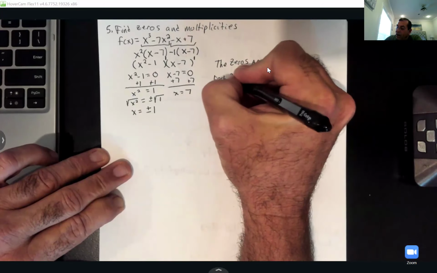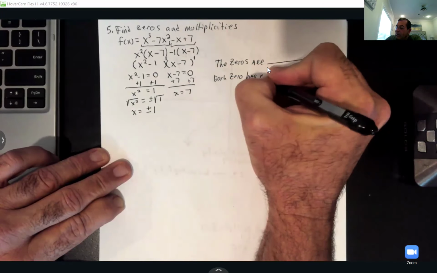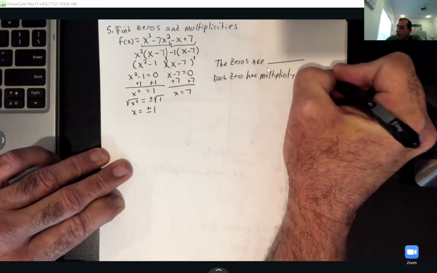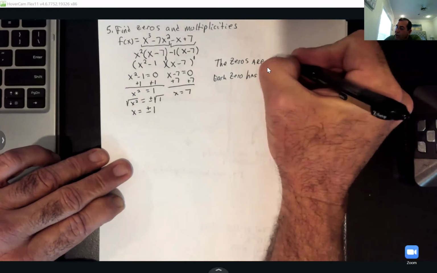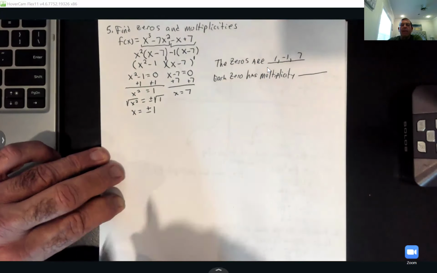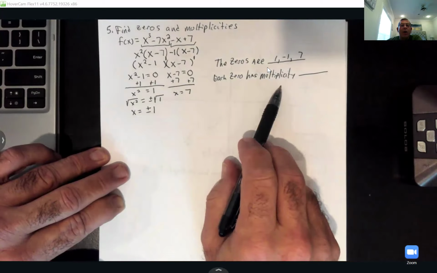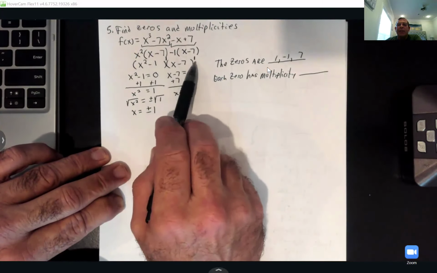Each zero has multiplicity blank. So you can use the plus or minus 1, or you can go 1, -1, and then 7. And then we said each zero, remember, there weren't any exponents out here, so we made each of these a 1.